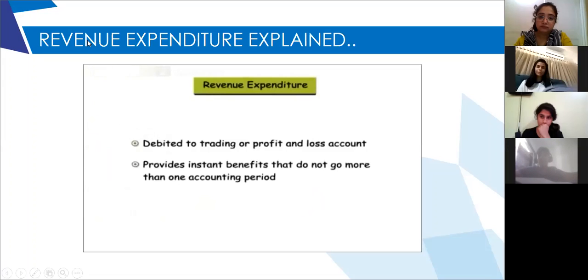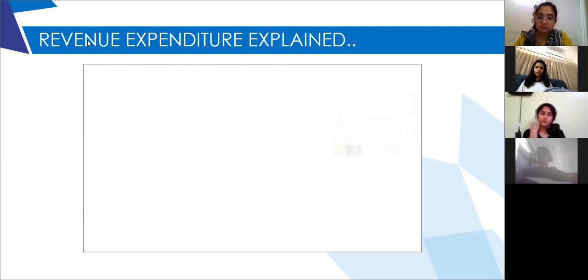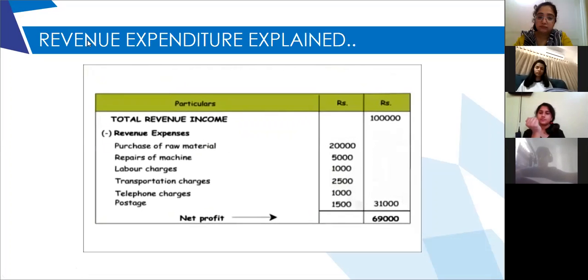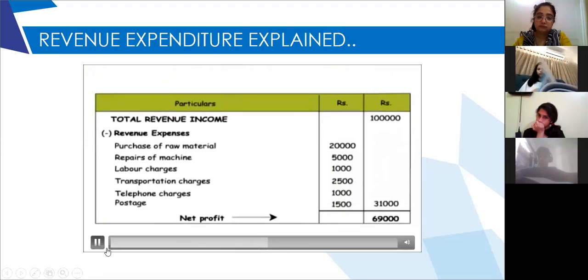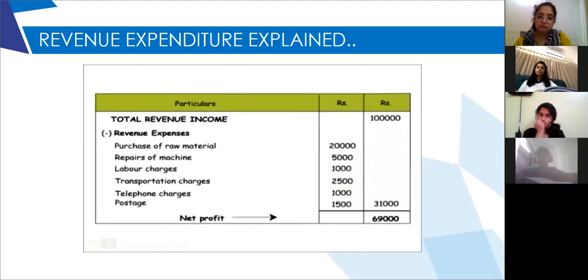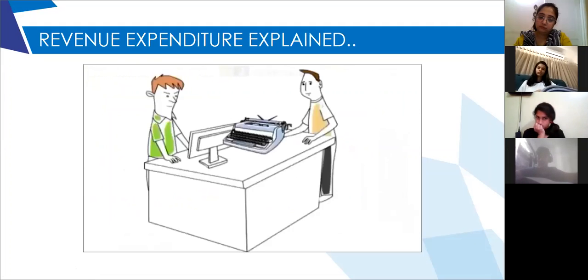The benefit of such expenditure is usually instant and cannot be said to go more than one accounting period. Thus, we can say all expenses which are incurred to run the business are revenue expenses. For example, telephone charges, postage, repairs, purchase of material and goods, etc.